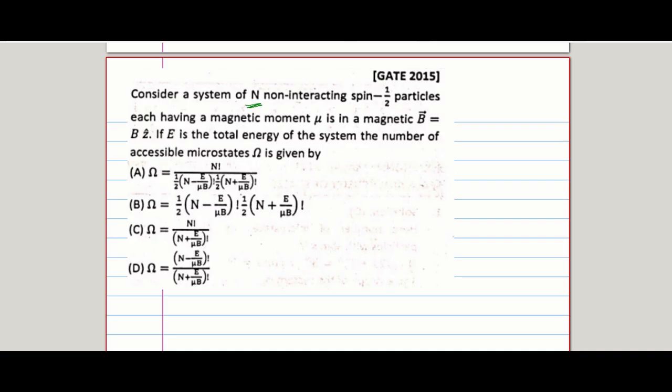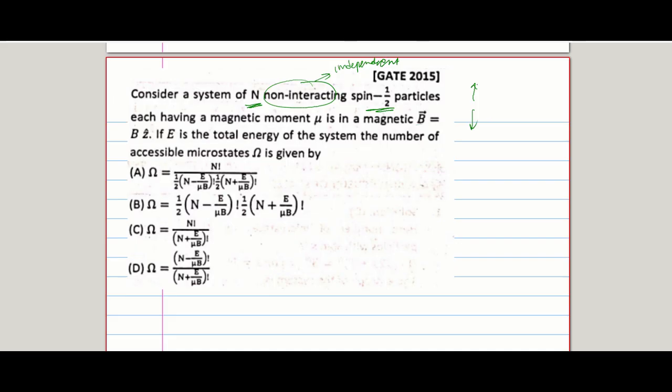Consider a system of N non-interacting particles, which means independent, right? The particles are spin half particles, each having a magnetic moment mu, in a magnetic field B. Spin half particles, right? So it can be either parallel or anti-parallel to the magnetic field.